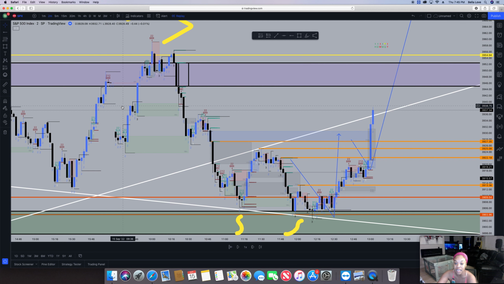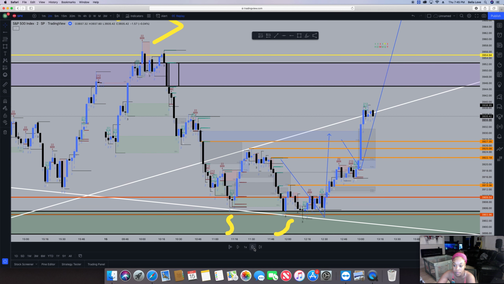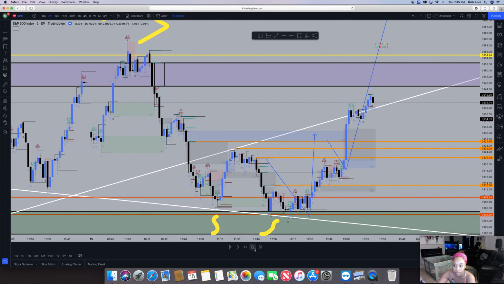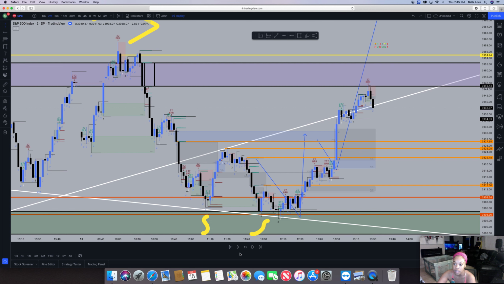That is a huge imbalance in the market that wants to get filled. So there, it went to a high of 39.45, right? And then it rejected from there.